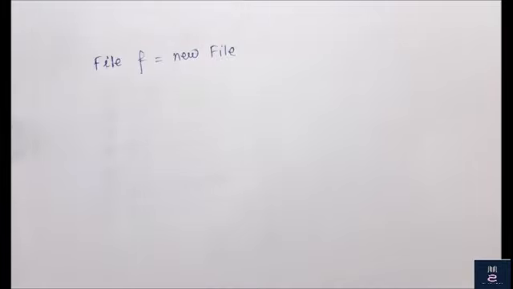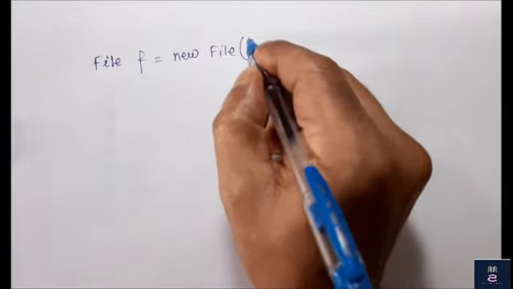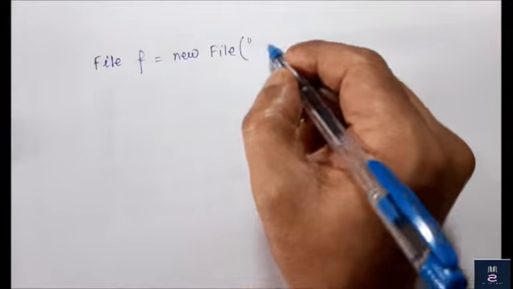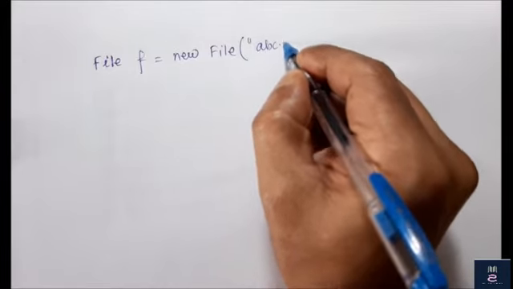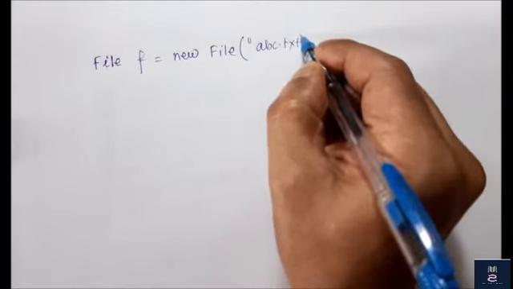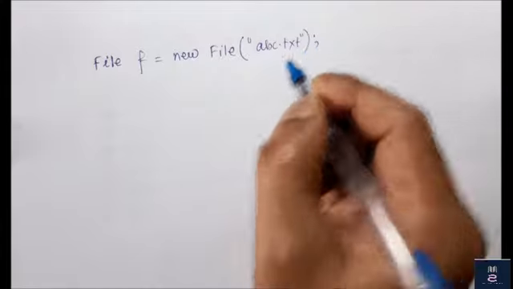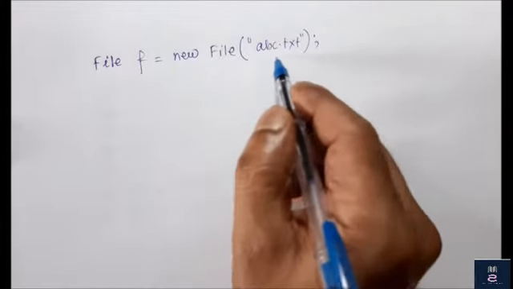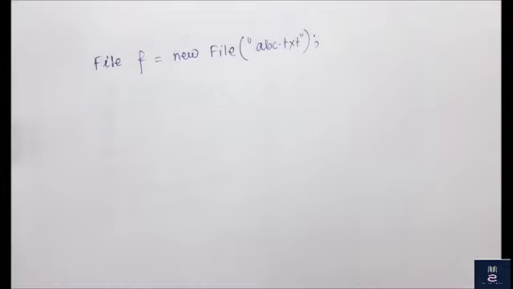I have to pass a string argument, and that string is the name of the file, for example abc.txt. So whenever I call the File constructor, I have to pass a string as an argument, saying what file I am going to access or create.